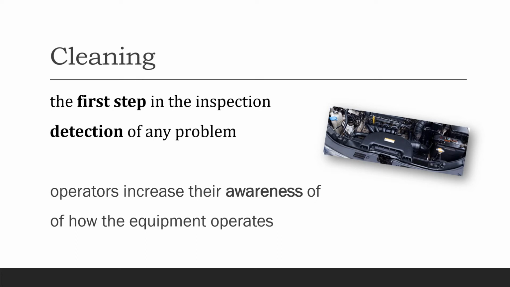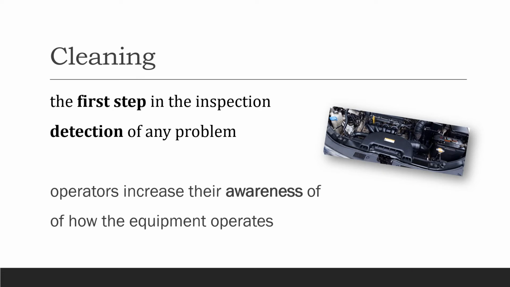First, you detect, meaning you take a good look at your system, and then you have to understand how your equipment operates in order to be able to maintain that system. So your operator's awareness is so critical in cleaning. That's our first step, detecting the problem.